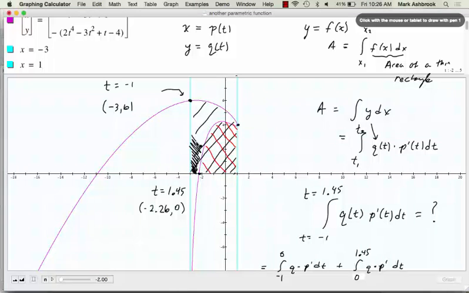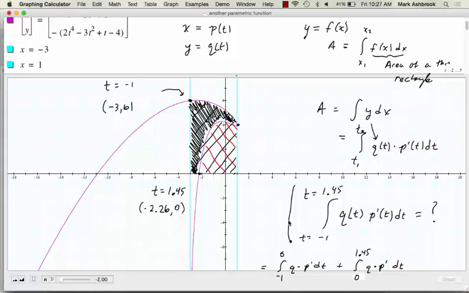So our integral from -1 to 1.45 is going to give all of that. It's going to be all that positive area minus, when it comes back here from t equals 0 to 1.45, you're going to subtract all that.